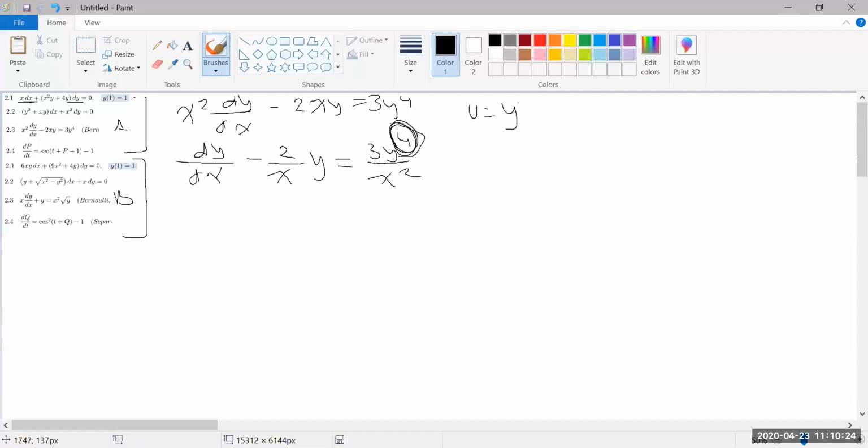So 1 minus 4 gives us negative 3. We know that our u is y to the negative 3. So we know that du/dx is equal to negative 3 y to the negative 4 dy/dx. And we're going to use those substitutions later.